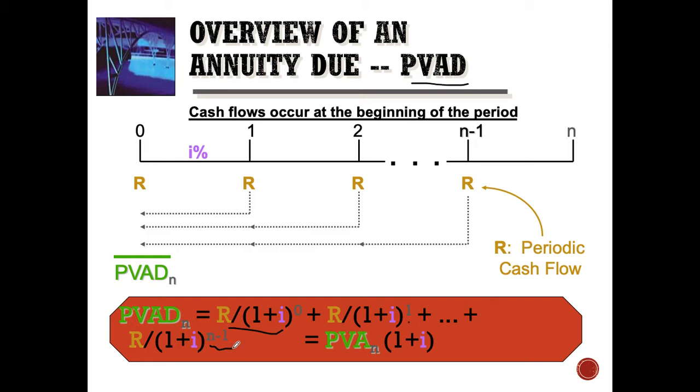Or you can also use this formula: present value annuity due equals present value annuity multiplied by 1 plus the interest rate, or 1 plus I.